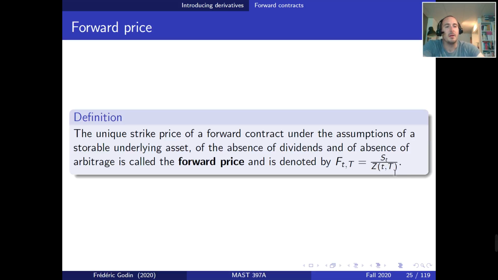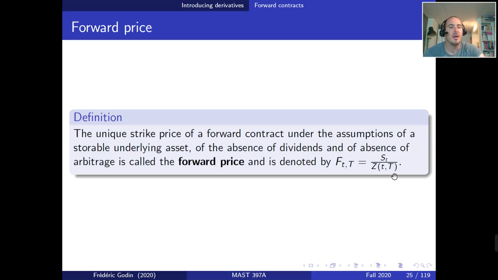And then we're going to give a name to that strike price. This is called the forward price of the underlying asset. Okay, the forward price at time t of the underlying asset is denoted by F(t,T), and this is S_t divided by Z(t,T).